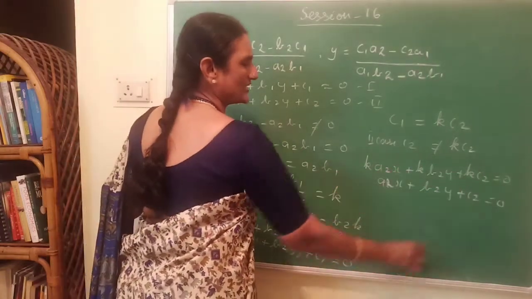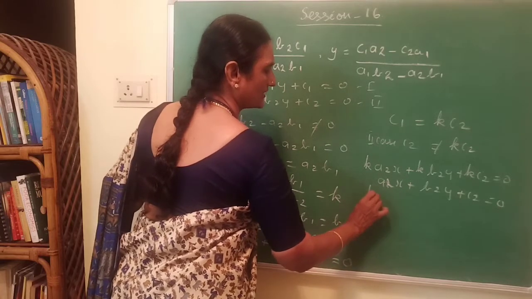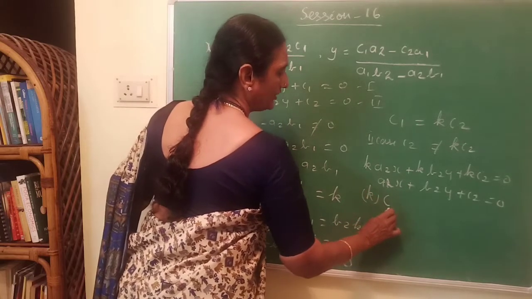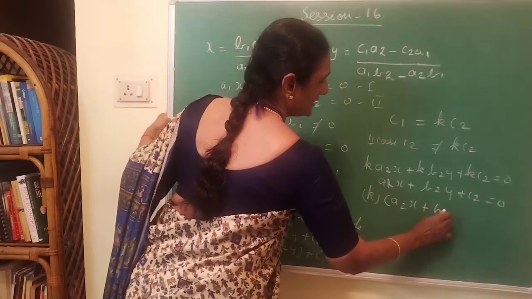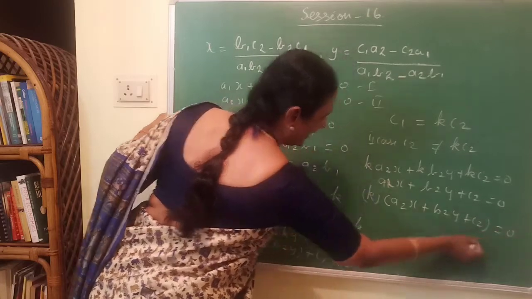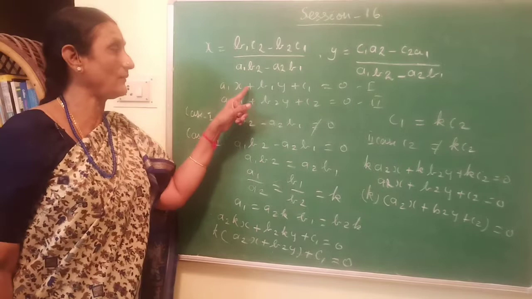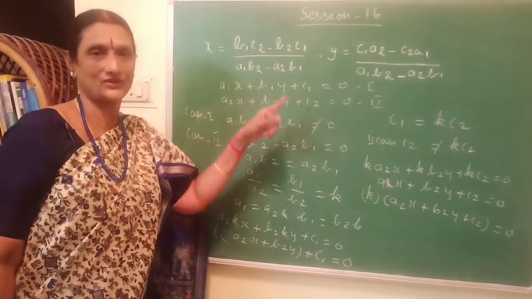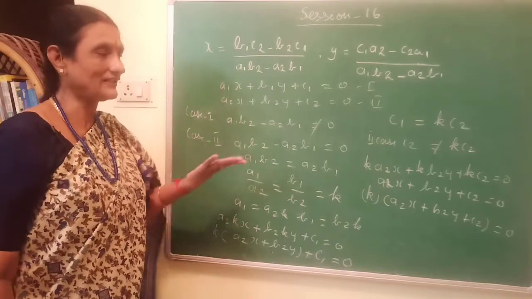What is the difference between these two? Multiplying the second equation by k, you get k a2x plus k b2y plus k c2 is equal to 0. You get the first equation, namely a1x plus b1y plus c1 equal to 0. Or in other words, what is the conclusion?